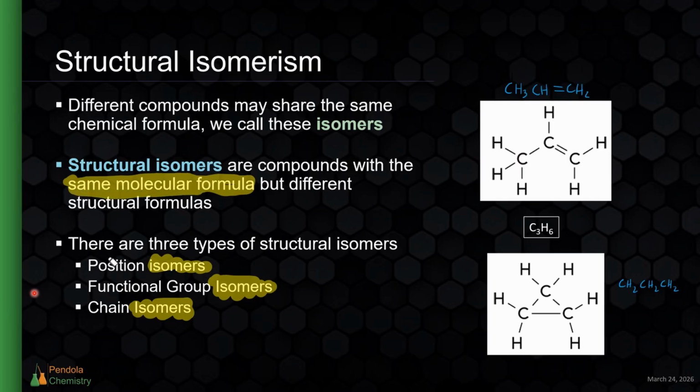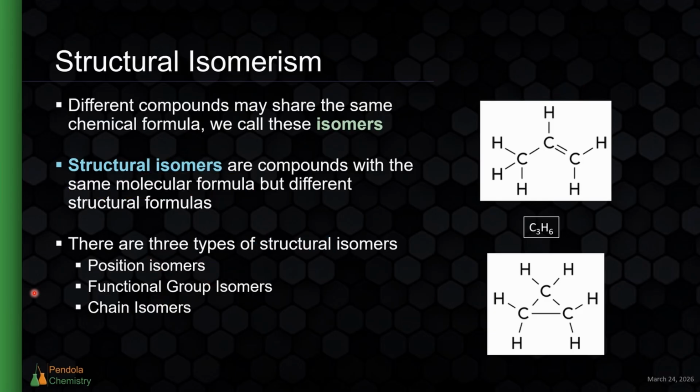But they're going to differ in how their structural formulas differ, because these are all structural isomers. Their structural formulas will be different, but the way in which they're different is what changes from one type of structural isomer to another. So let's look at the specifics for each one of these, one by one.